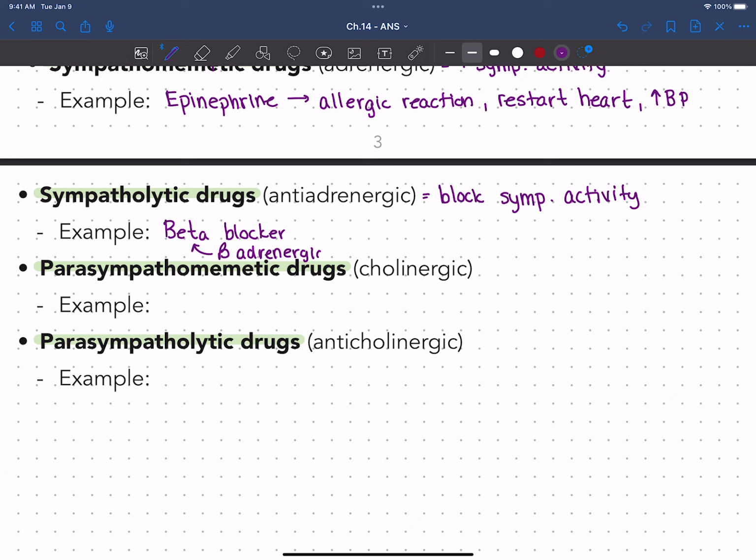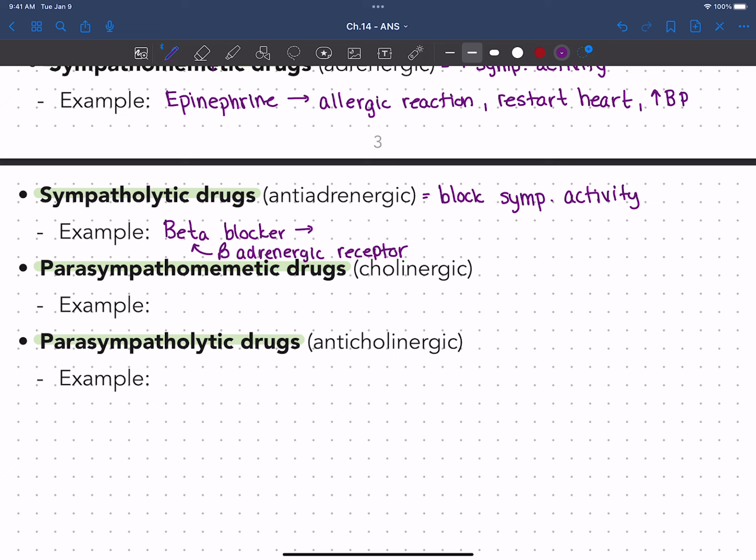So beta blockers, just as their name tells you, would block that adrenergic receptor, preventing that fight or flight response that can occur if somebody's having anxiety or a panic attack at an unnecessary time.